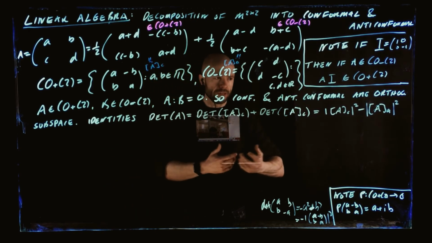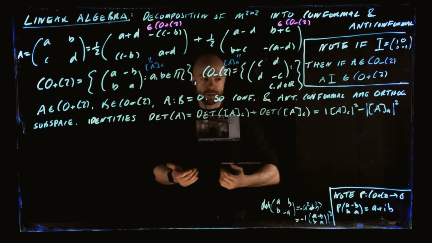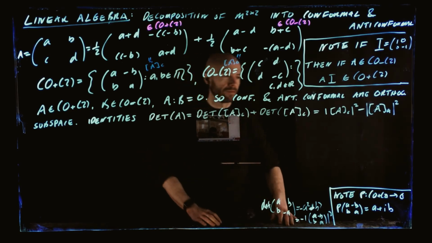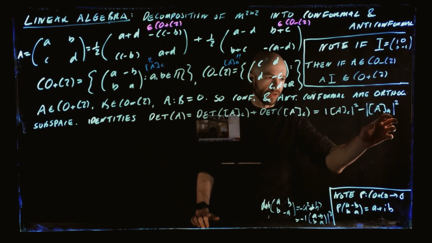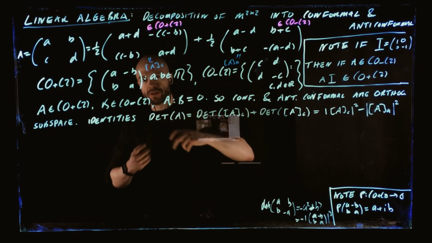Anticonformal matrices have negative determinants, so this fact is somewhat natural.